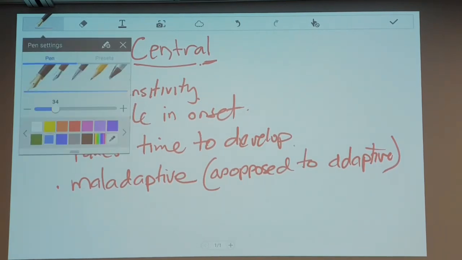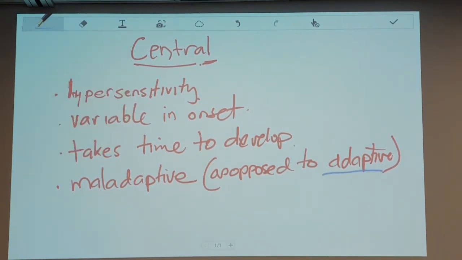Okay, adaptive, where adaptive pain helps the organism, helps the individual to recover.